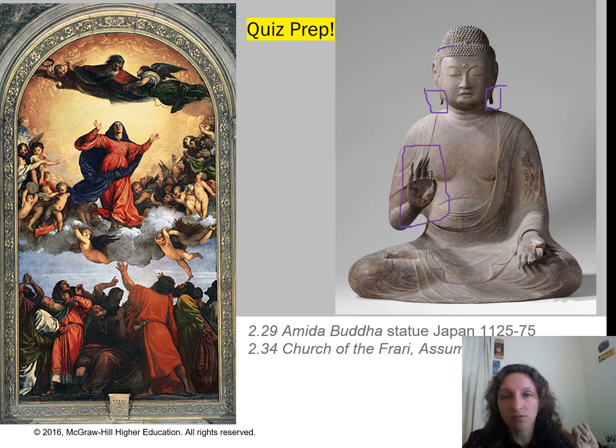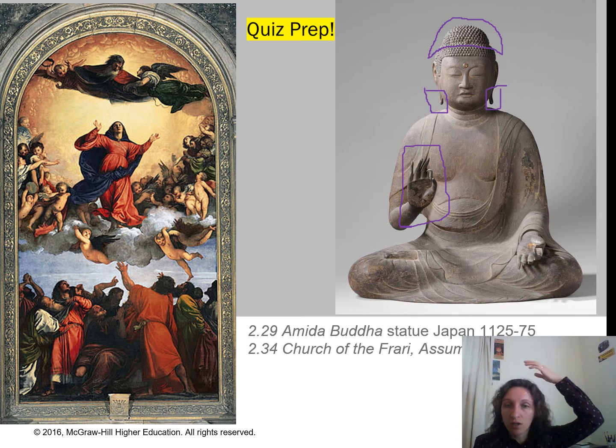There's also this kind of bun on top of the head, which again is very specific to Zen Buddhism, and then the depiction of the third eye here.